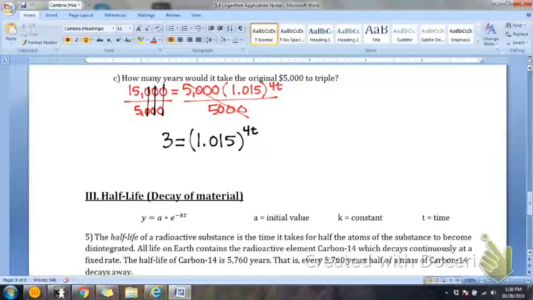Who said that? Say it again, Patrick. Put it in log form. So I have b to the y equals x, and I'm going to move it into log form.